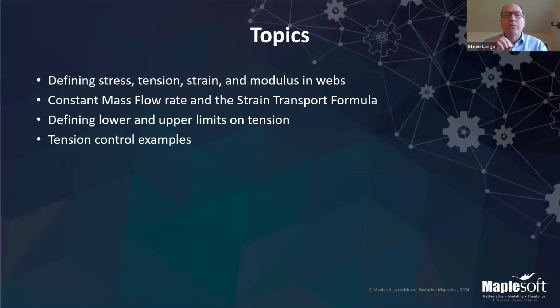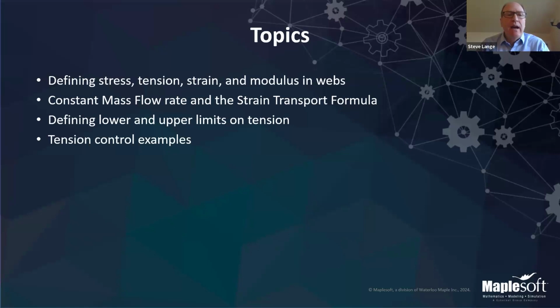To get started, in the context of webs and web handling, we need to define what stress, tension, strain, and modulus mean for webs, because they're the fundamental aspects we need for understanding how webs are transported. The next concept is the constant mass flow rate idea and the strain transport formula.